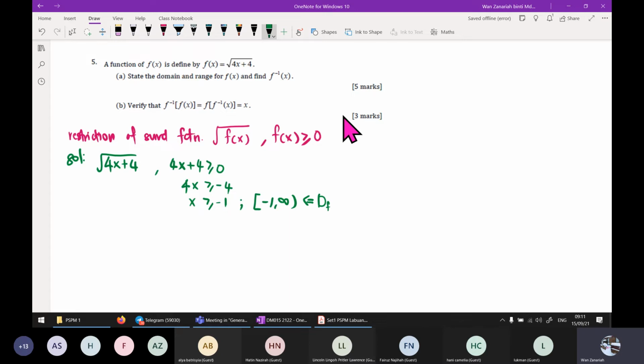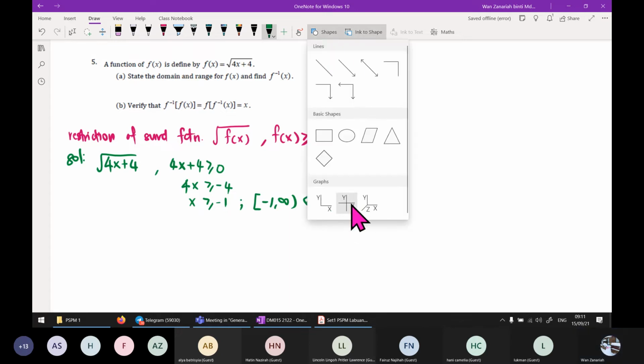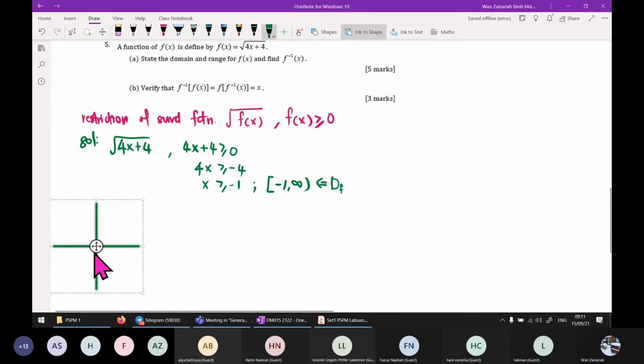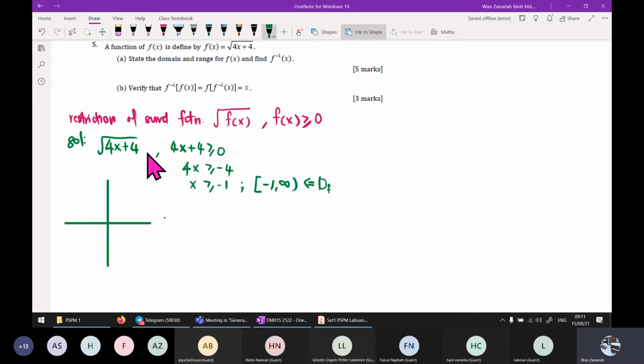Okay. Next. Dia tanya apa? Range. Okay, nak tahu range kena lukislah baru nampak senang. Sketch. Okay, so sekarang macam mana rupa basic square root function? y equal to square root x macam mana rupa dia? Macam ni. Itu basic y equal to square root x.